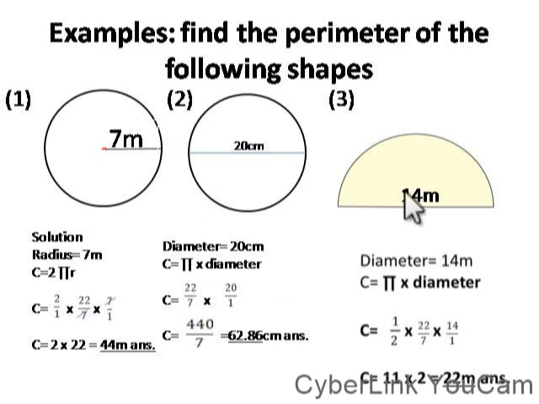Then here we have a semicircle. The formula for finding the perimeter of a semicircle, remember that semicircle means half a circle. Half a circle, meaning the semicircle will take half of the formula of that of a complete circle. So now we have the diameter here, ranging from this side to this very side here. That is 14 meters.